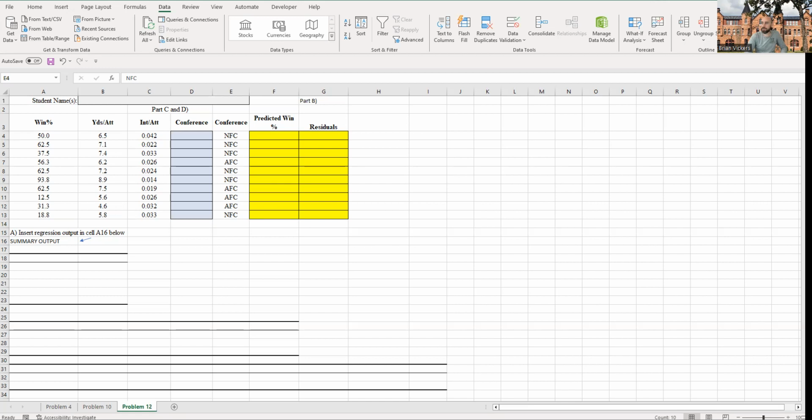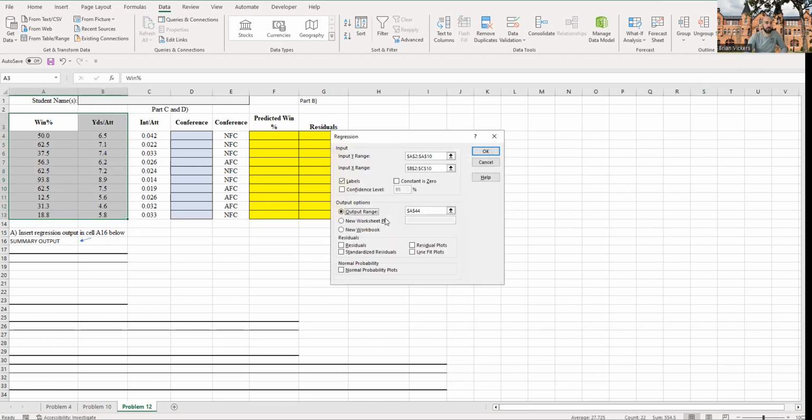The first thing it wants you to do is to find just the relationship between a single X variable. So we'll look at the number of yards per attempt for these teams and what the win percentage of those teams was, right? So let's go ahead and run our data analysis regression, and we're going to have it output in this cell right here.